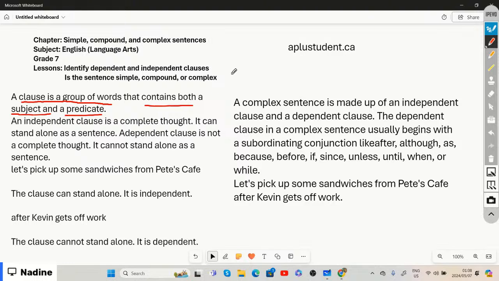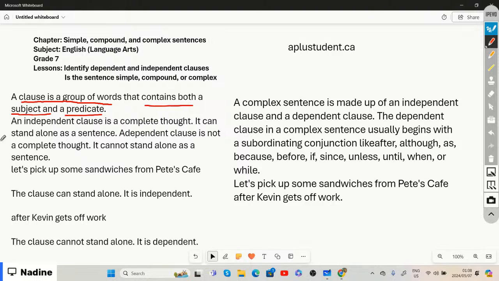So we said we have dependent clauses and we have independent clauses. An independent clause can stand on its own, whereas a dependent clause basically needs an independent clause to latch on to, in order to create its own sentence.